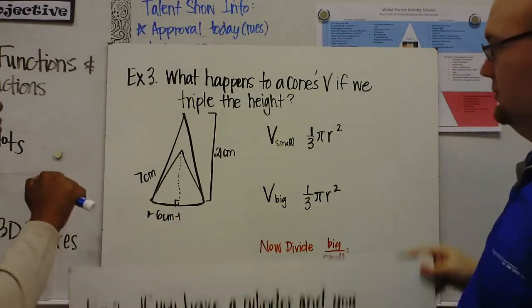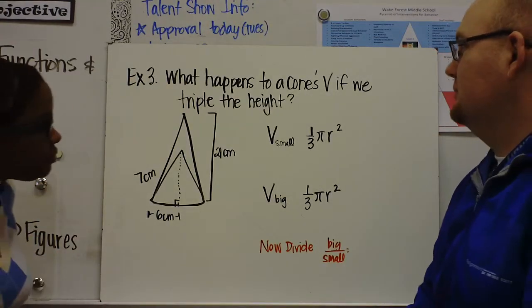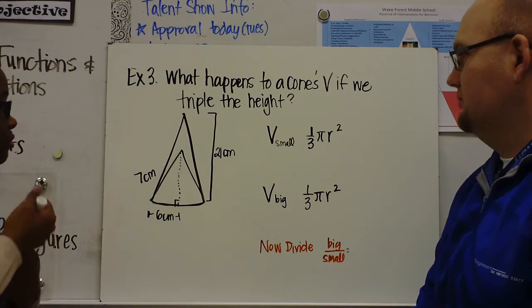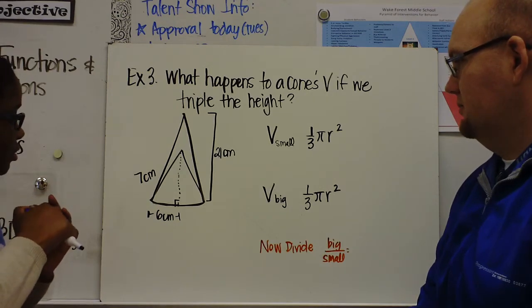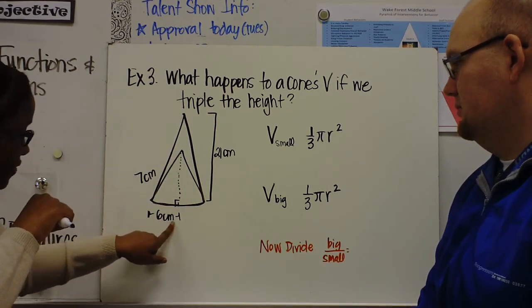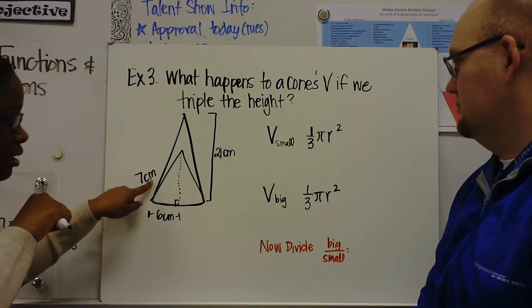All right, last example, example 3. What happens to a cone's volume if we triple the height? All right, so our small cone here has a radius of 6 and a height of 7.